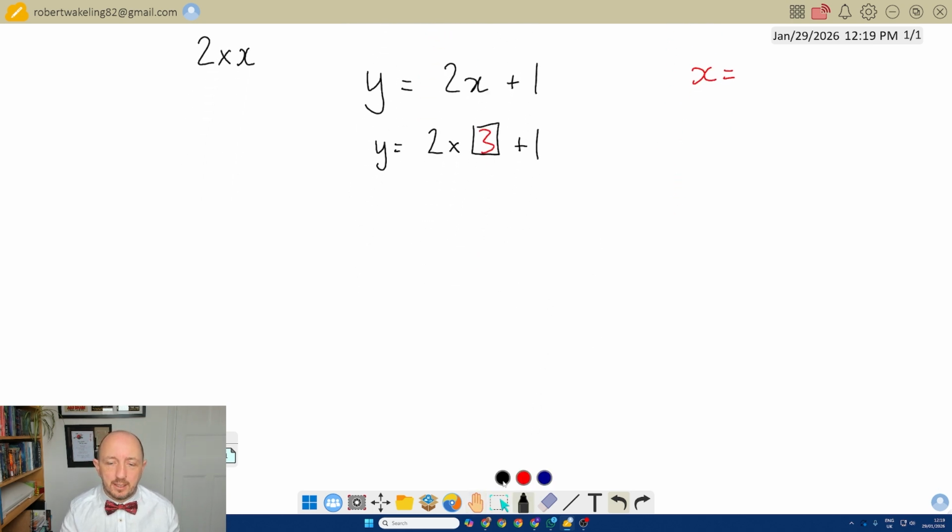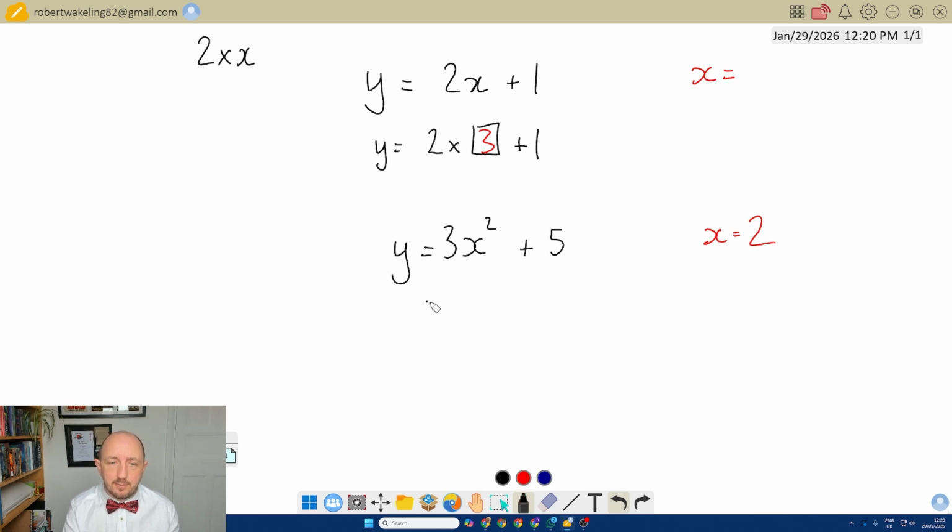How about something a little bit more challenging, like y equals x squared, times 3, and then plus 5. We'll change it to x equals 2.